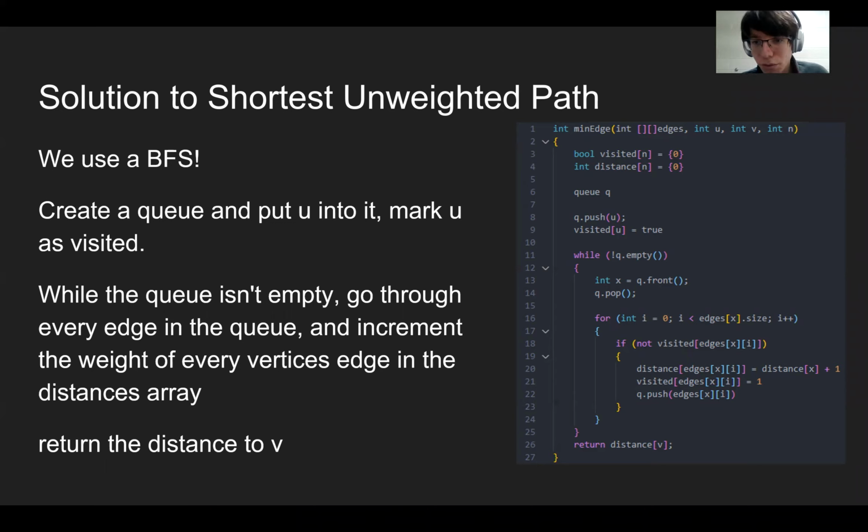This is a slightly different way of going about it because they're actually keeping track of the weight on the vertices, but both ways will work. It's essentially the same solution though.